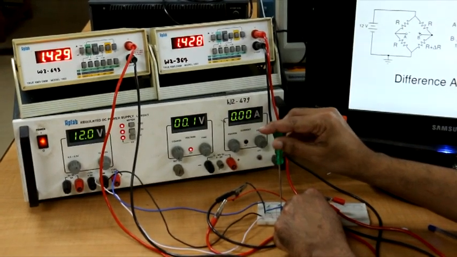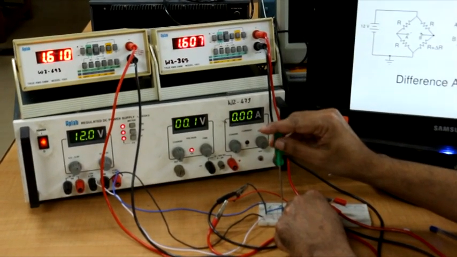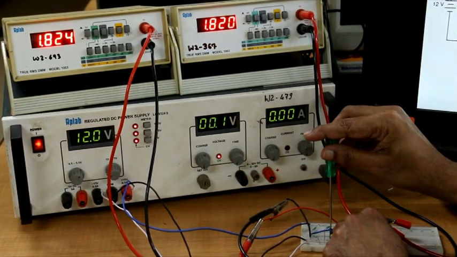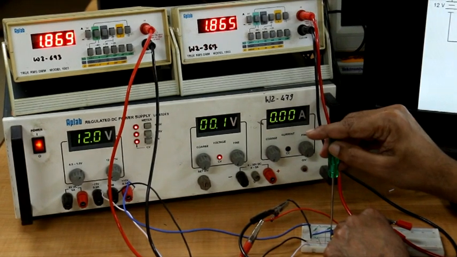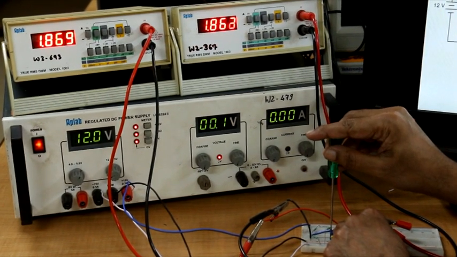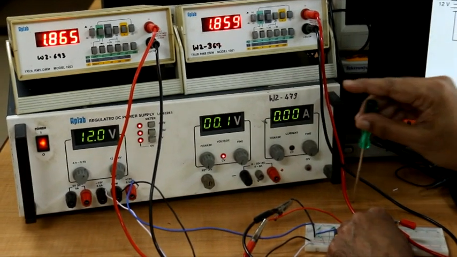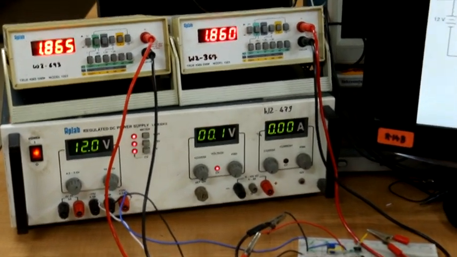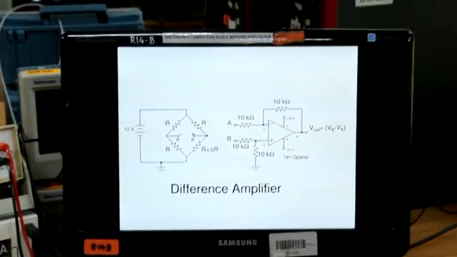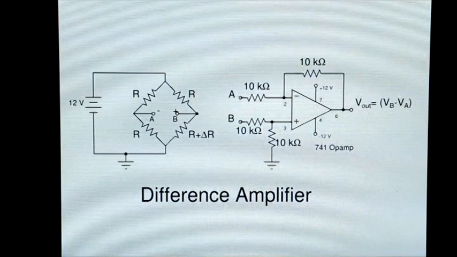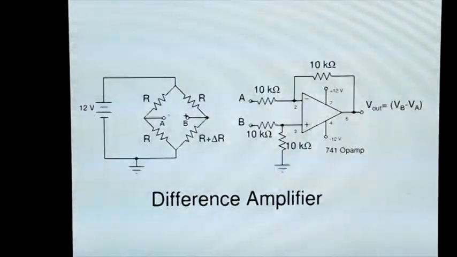Let me go to about 2 volts, and maybe that's the maximum I can go with this kind of arrangement. I think the maximum I can get here is 1.8 volt. So with a differential of 1.8 volt, I am getting almost the same. This illustrates how a difference amplifier works. In part D, we will use this to measure the VI characteristics of a diode, a Zener diode, and an LED.